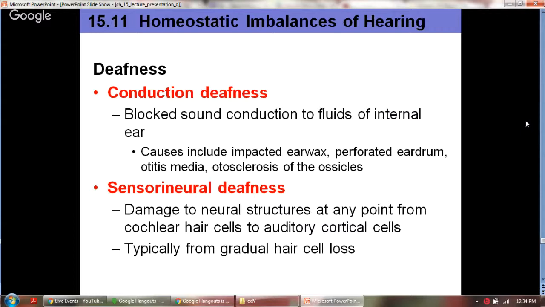It may be due to impacted ear wax, the perforated eardrum, otitis media, osteosclerosis of the ossicle, and so on. Sensory neural deafness, as indicated by the word itself, is the damage to the neural structure at any point from cochlear hair cells to the auditory cortical cells. It's typically from gradual hair cell loss.